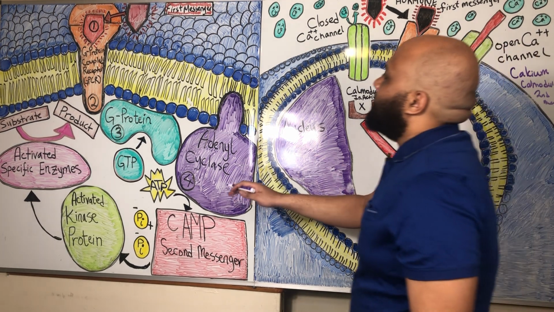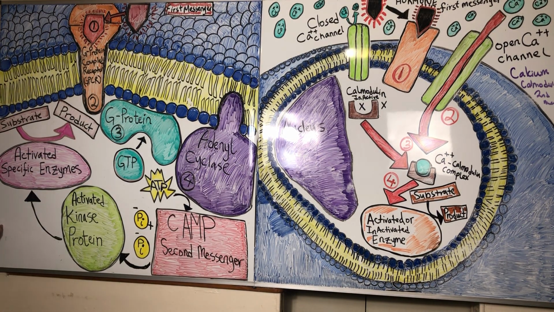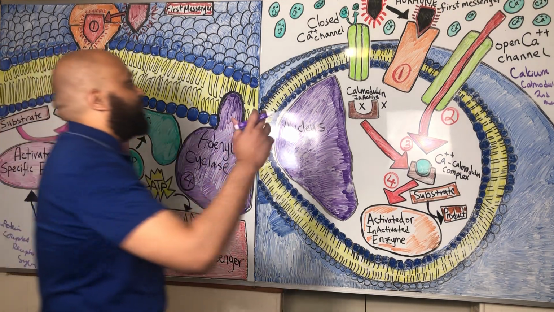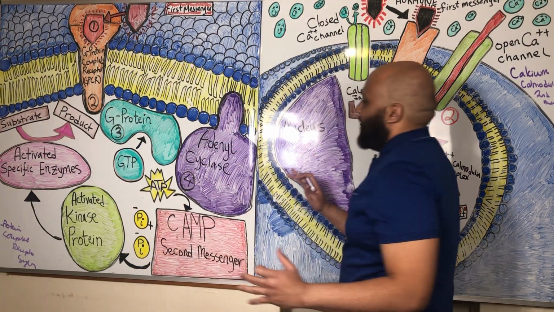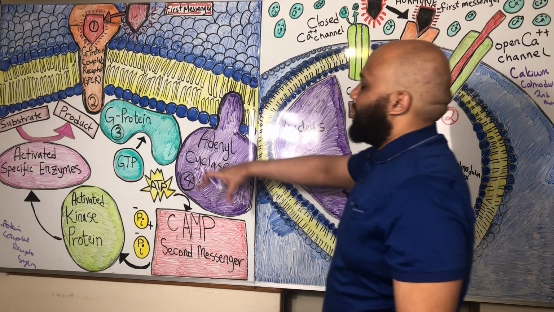The second system that we have over here is the G protein coupled receptor system. The similarities are both of them utilize a second messenger inside the target cell.